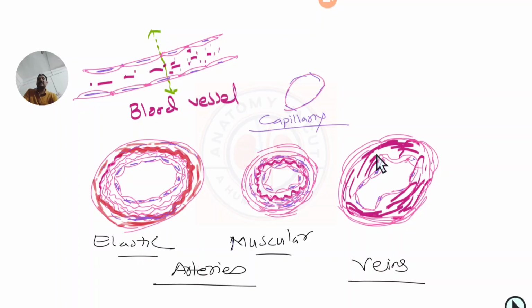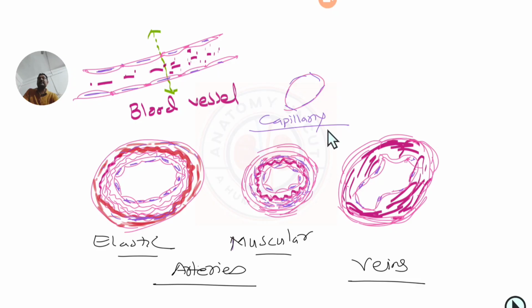Now the blood vessels at work are these capillaries. So read carefully through your books about the capillaries. The terminal blood vessels where the exchange of material will happen at the tissue level. These are the capillaries.